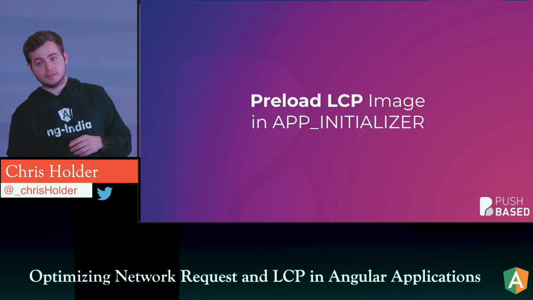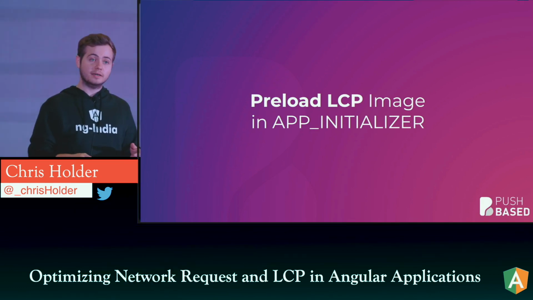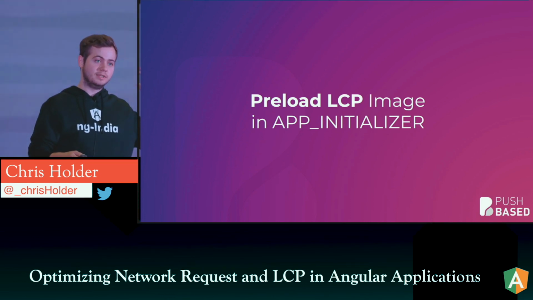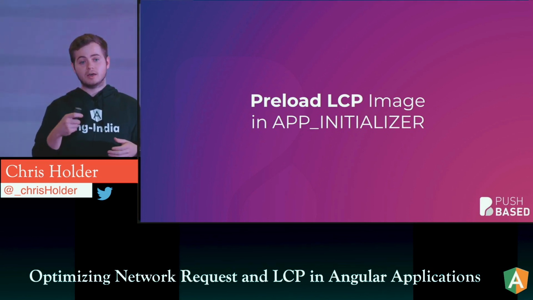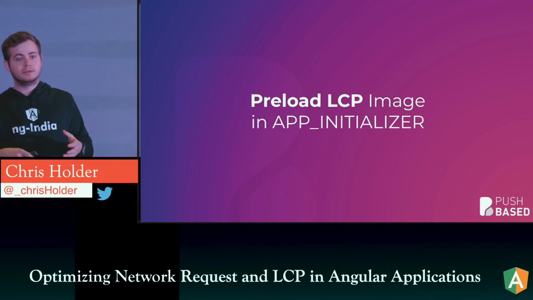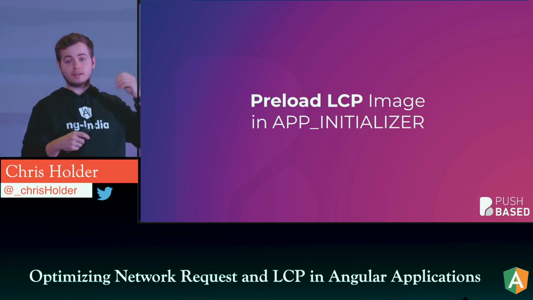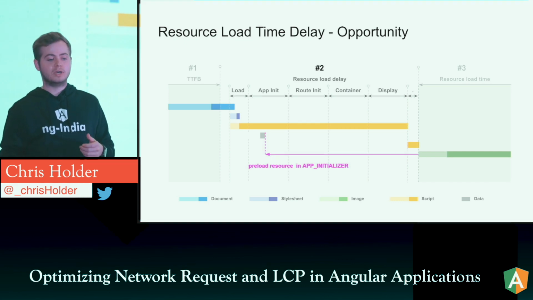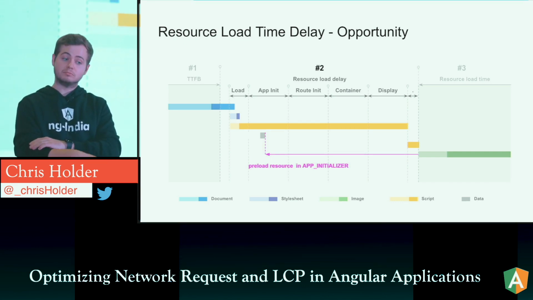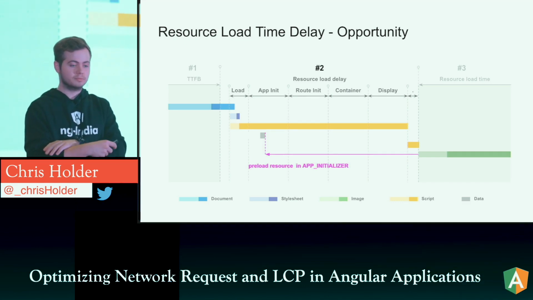Exactly in the same way that we loaded the data inside of the app initializer and inside of the document itself, we can now inject a link tag in the app initializer, into the head of the document, that will actually initialize the image when the data has finished loading.